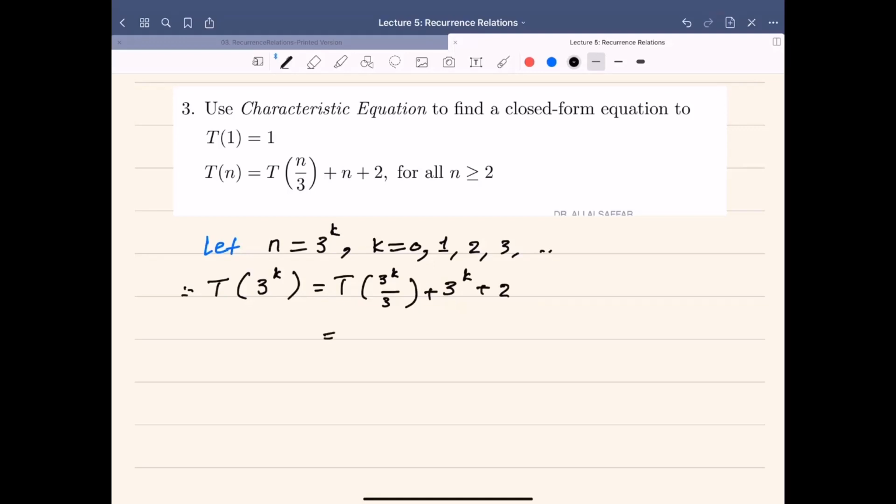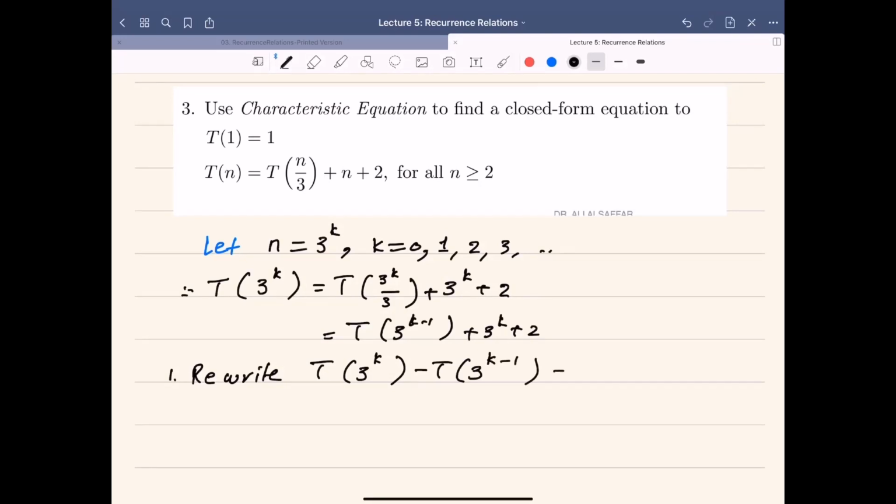And this is equal to t 3 raised to power k minus 1 plus 3k plus 2. By rewriting, we will have t 3 raised to power k minus t 3 raised to power k minus 1 equal to 3k plus 2.